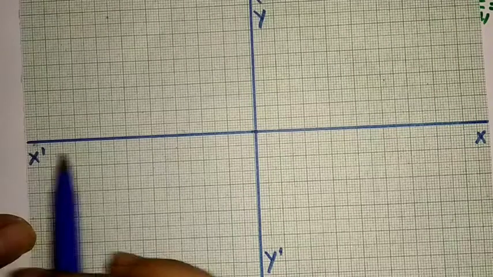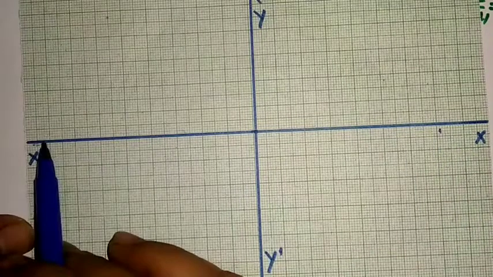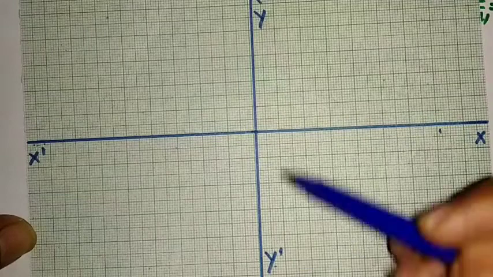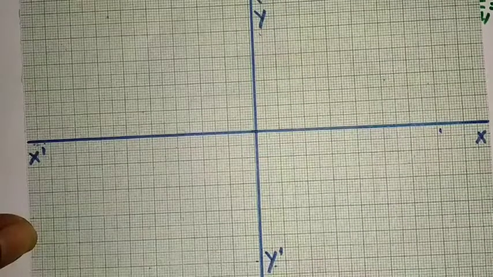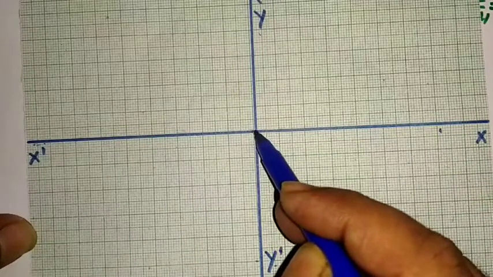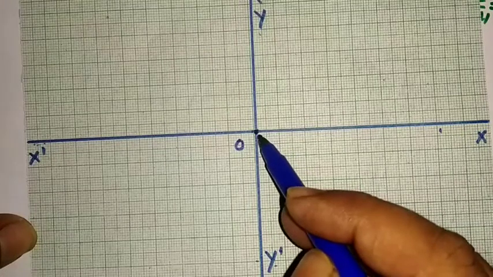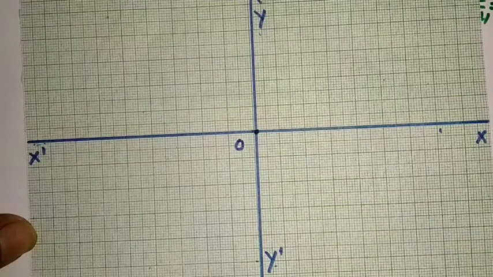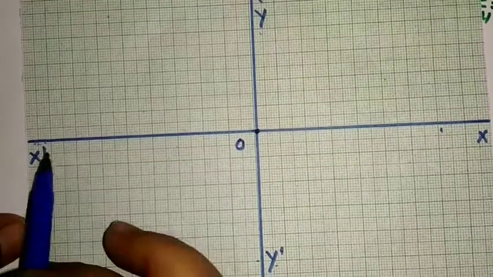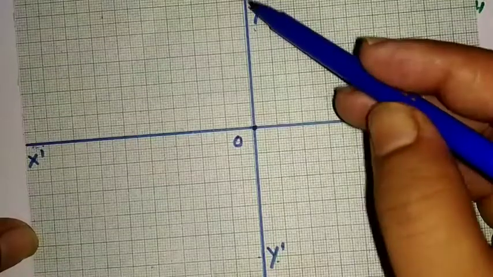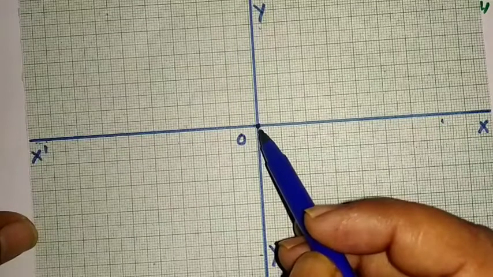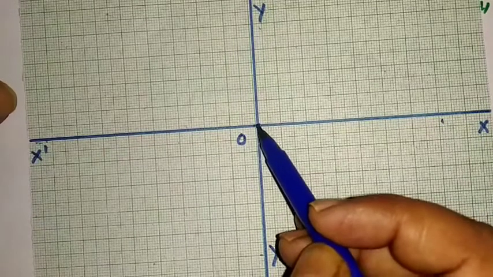The horizontal line is known as x-axis and the vertical line is known as y-axis, where these perpendicular lines intersect each other. This point is known as origin. So now it is origin, where these lines intersect each other.